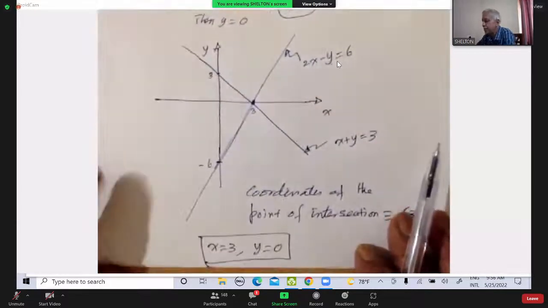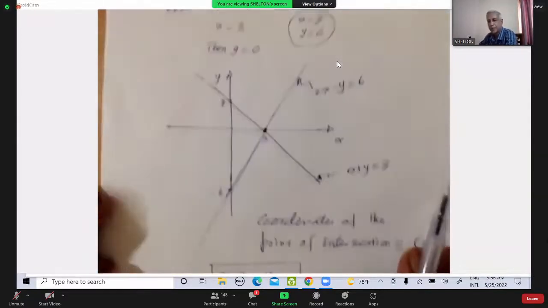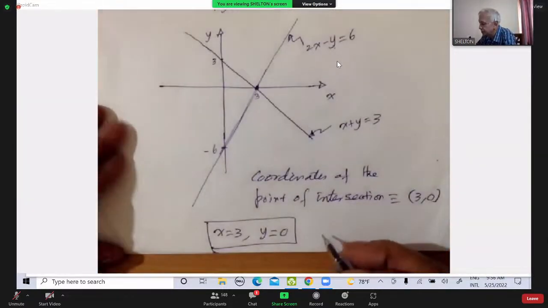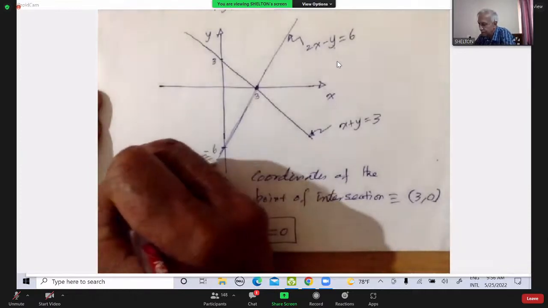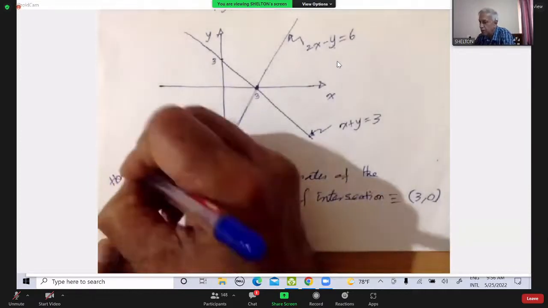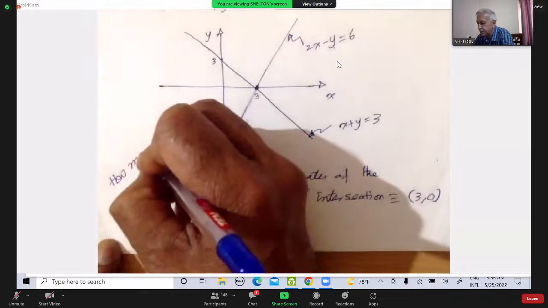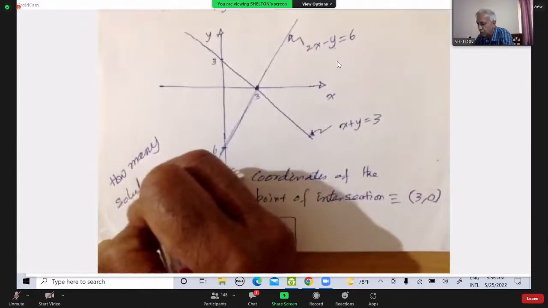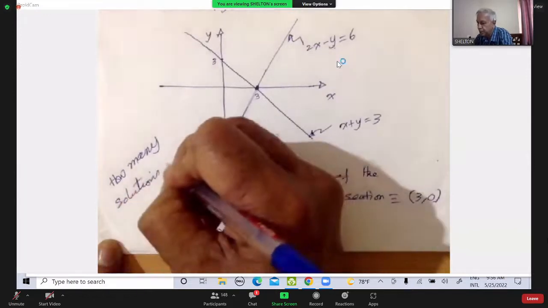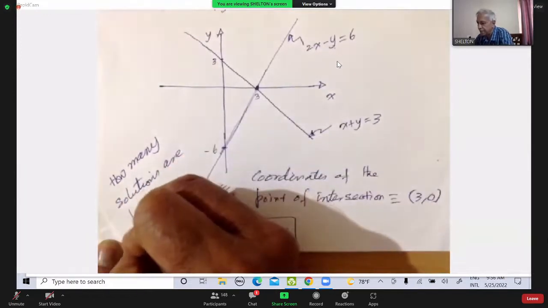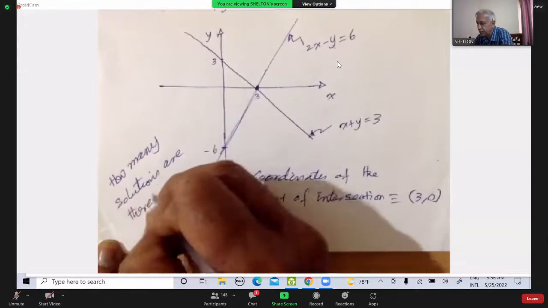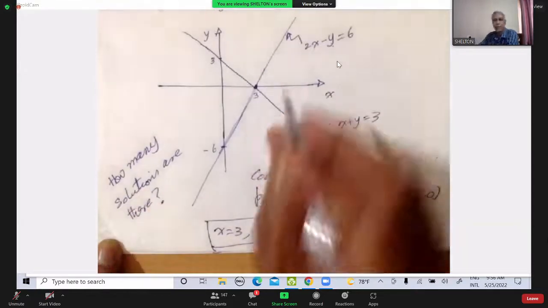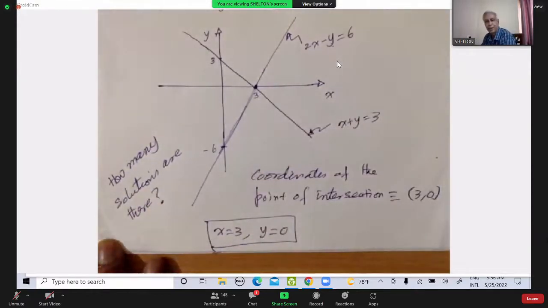How many solutions are there? Geometrically also we see that there is only one point of intersection, only one point common to them.